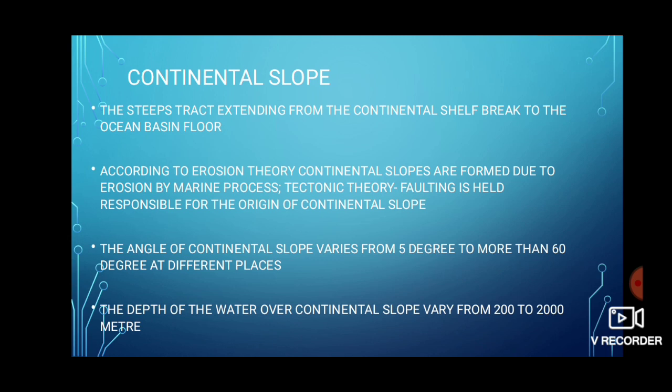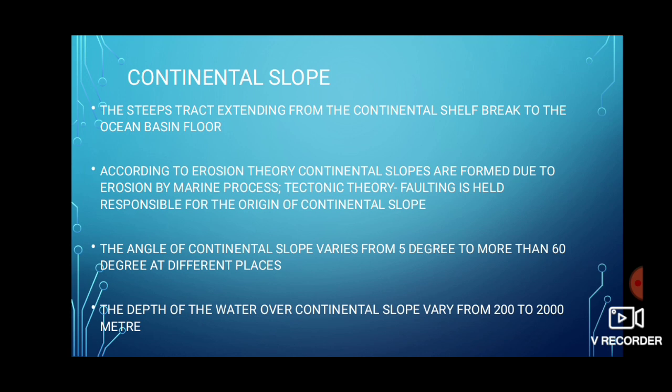According to erosion theory, the continental slopes are generally formed due to erosion by the marine processes, especially by the sea waves. At the same time, in the tectonic theory, they believe that faulting activity is held responsible for the origin of continental slope.